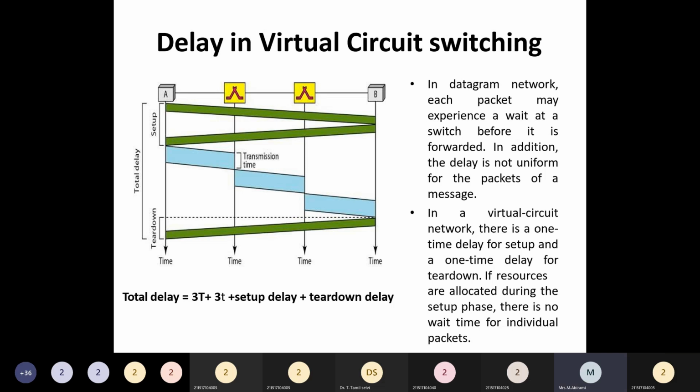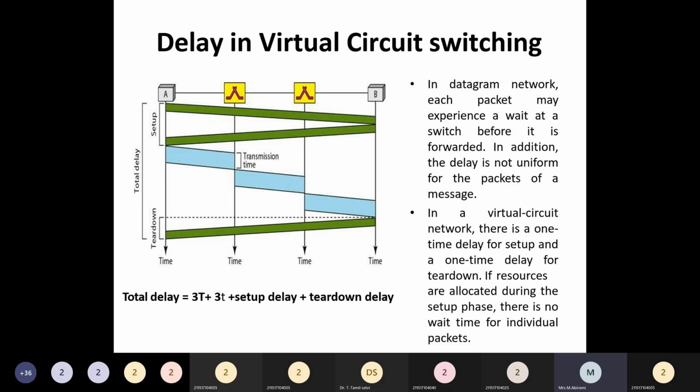So each packet may experience a wait at a switch before it is forwarded. So during the time n packets are transferred, the datagram network decides which is transferred first from one place to another and how resources are used.